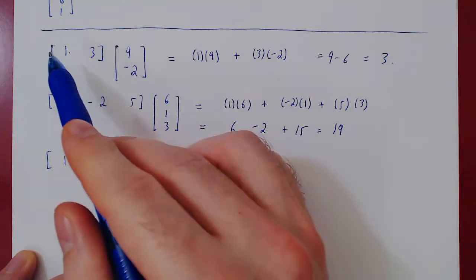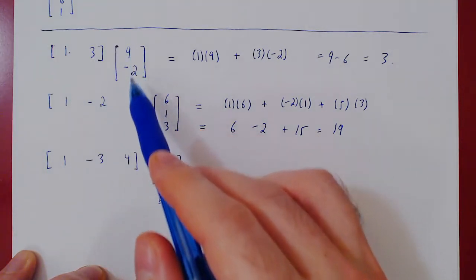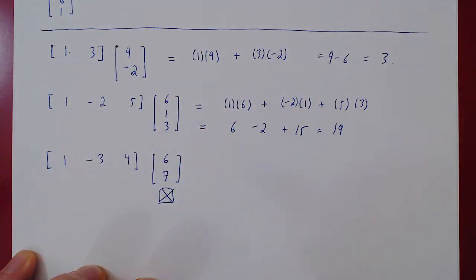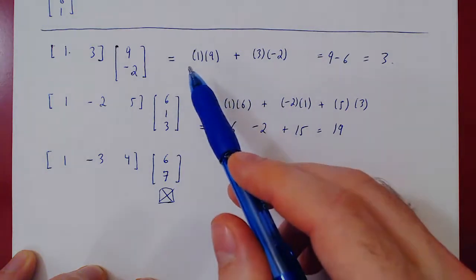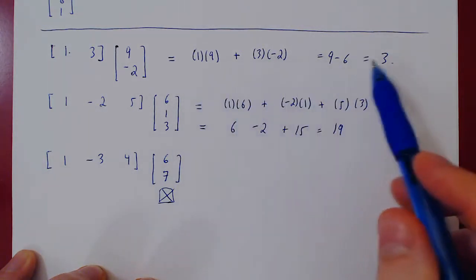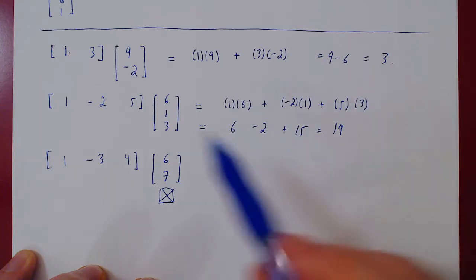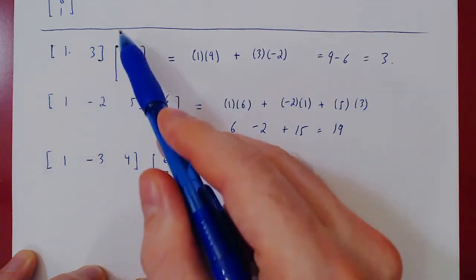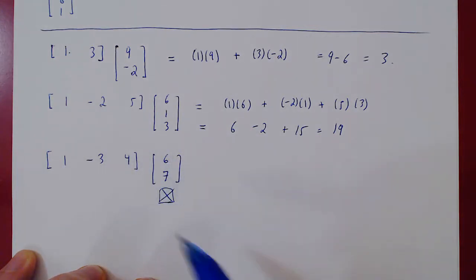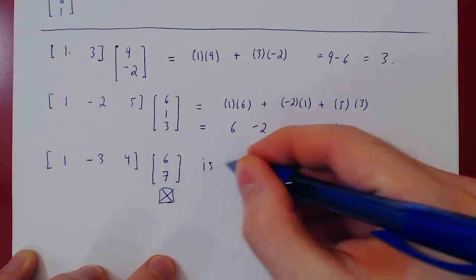You can only multiply a row matrix with a column matrix, so a row times a column, if they both have the same length, because we multiply, and the keyword is corresponding entries, and we add them up. And the only way to do so is if our row and our column have the same number of entries. So in this case, this is simply not defined.